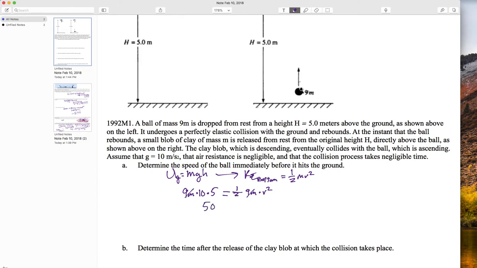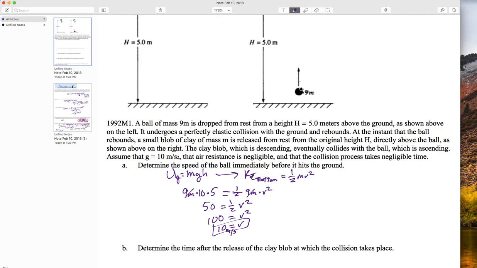I'm left with 50 equals 1/2 v squared. So 100 equals v squared. So therefore 10 is v. And the unit is meters per second. So after a 5 meter drop, we're going to be going 10 meters per second. Conservation of energy makes this slightly trivial.